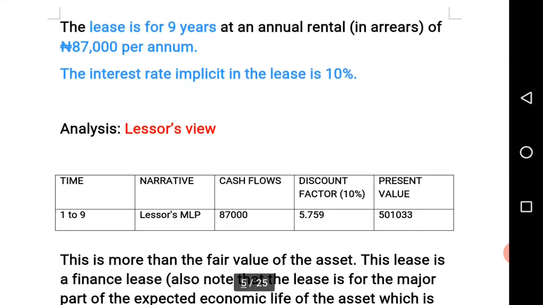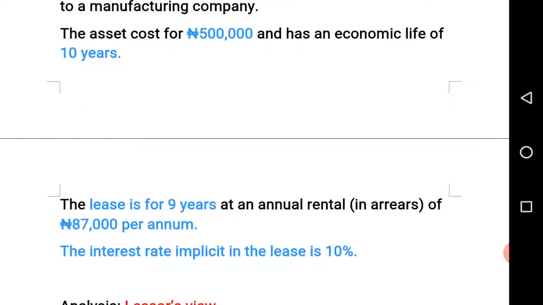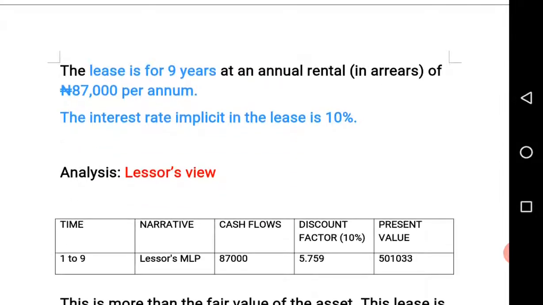Now we have two views here: the time, narrative, cash flow, discount factor, present value. The year 1 to year 9 lease, the minimum lease payment. I have a cash flow of 87,000 naira per annum in the question here.